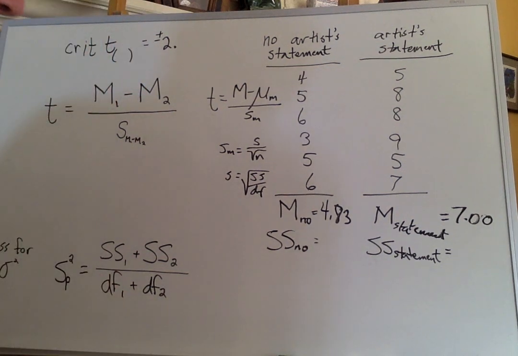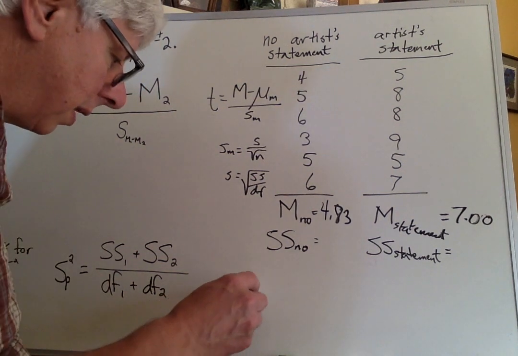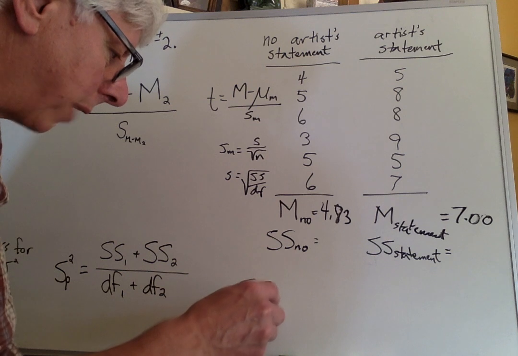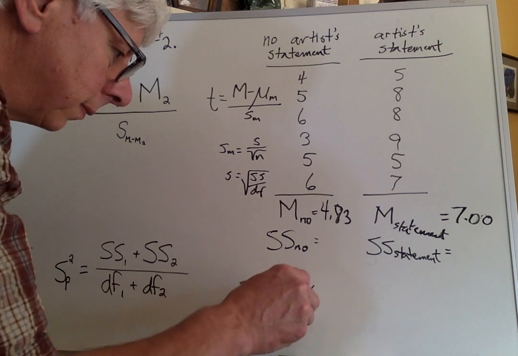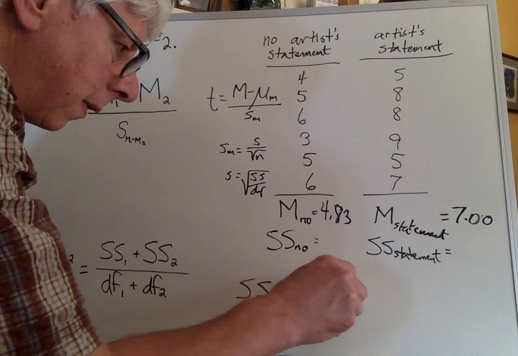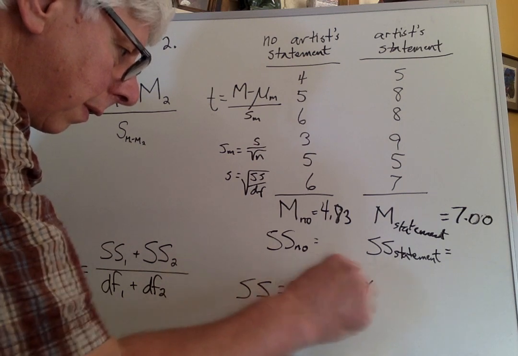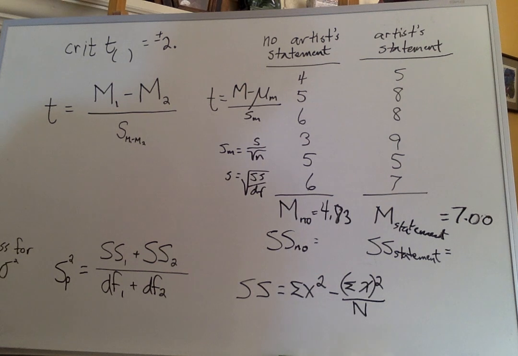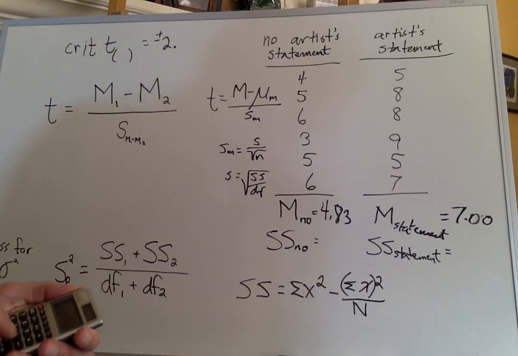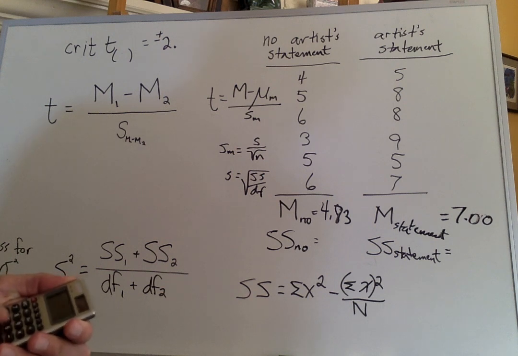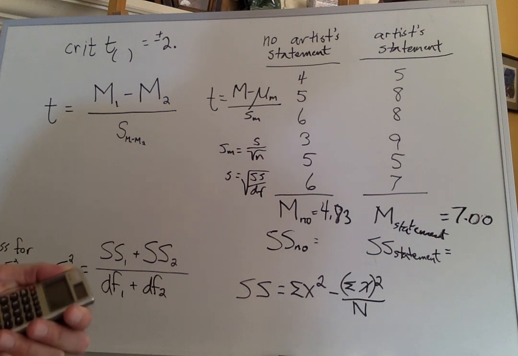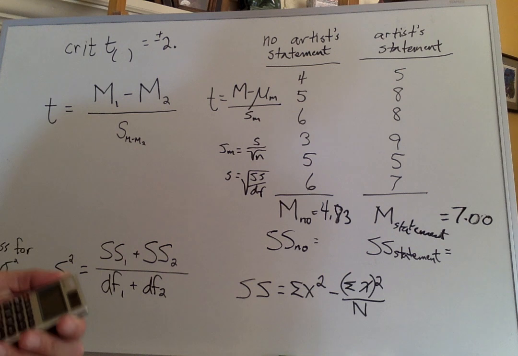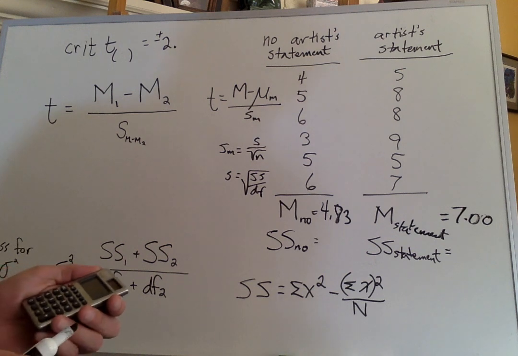So let's get our sum of squares. First, remember our formula, okay? So let's do this quickly. I think we can do it, right? For the first group, 16 plus 25 plus 36 plus 9 plus 25 plus 36. Boy, it's nice to know your squares, right?